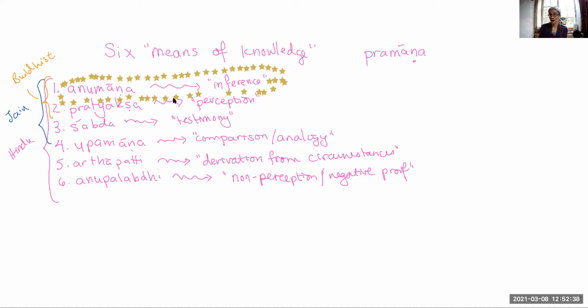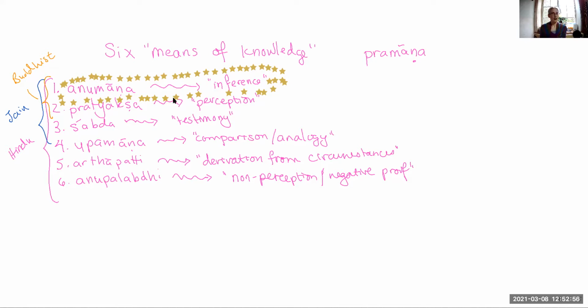So it's not necessarily going to be a foolproof justification. The particularly interesting thing about the study of anumana is that it is fallible. We could be mistaken. We might, in the presence of new information, have to revise our conclusions.